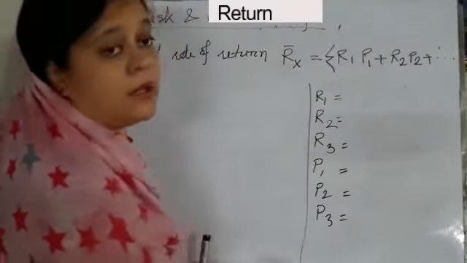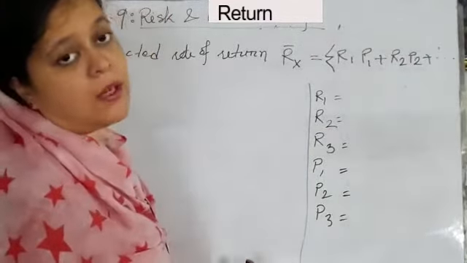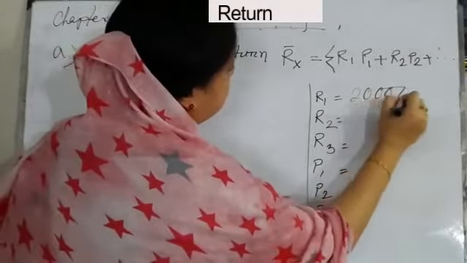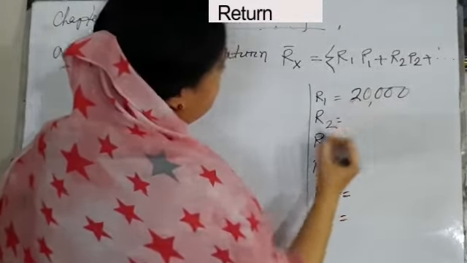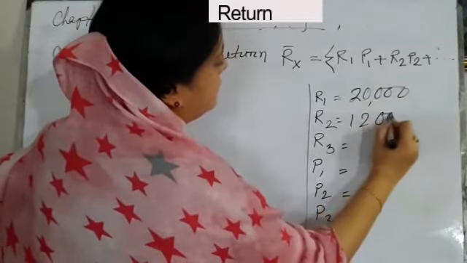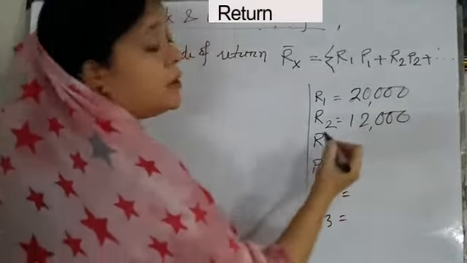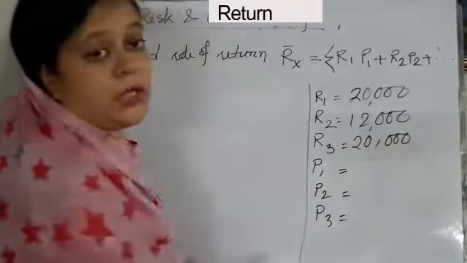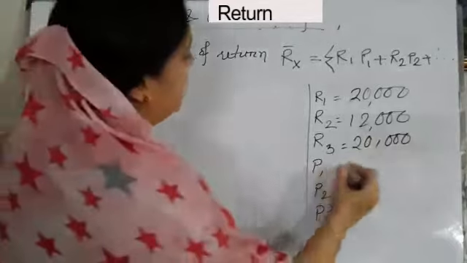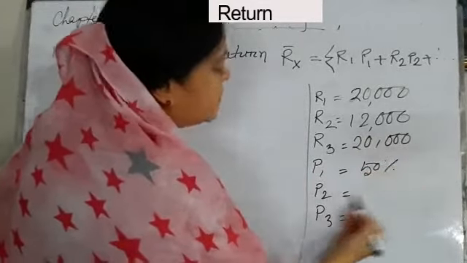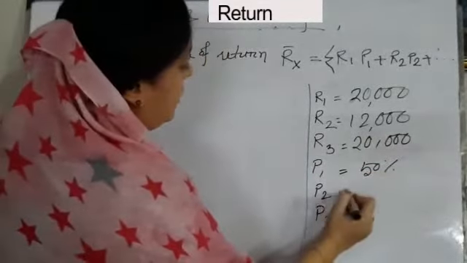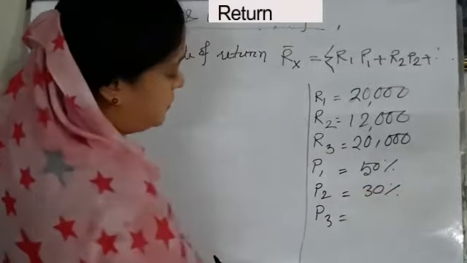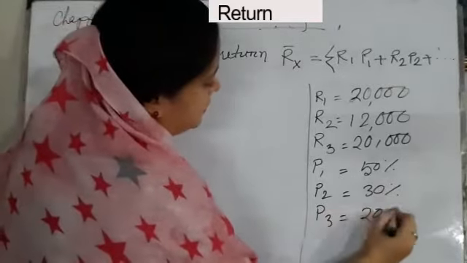R1, R2, R3 are the returns, first one, second and third. 20,000, the second one is 12,000 and the third return is 20,000 again. And the probabilities are, first one 50%, means 0.5, P2 second probability is 30% and third 20%.